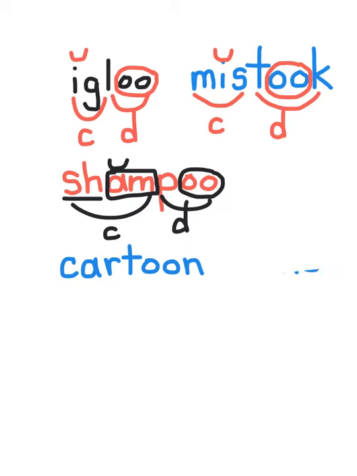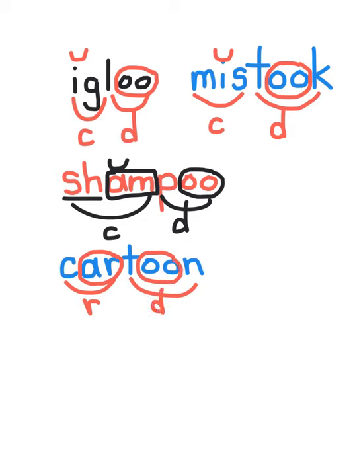This kind is a cartoon, T-O-O-N. Now let's mark it. Cartoon. We can see right away that we have an A-R controlled vowel there. So we write R for R controlled. And then what else do you see? Right, you probably already circled oo and wrote D for double vowel.